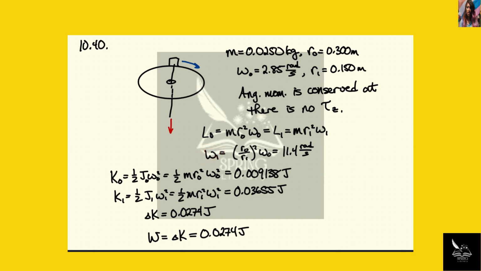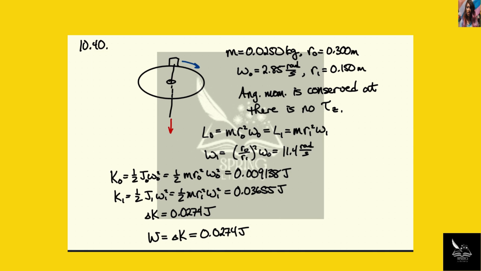If we solve for omega 1, we get the quantity r0 over r1, squared, times omega naught. This happens to be 4, so the angular velocity is now 4 times what it was, or 11.4 radians per second. So the angular velocity increased by a factor of 4, although we only decreased the radius by a factor of 2.